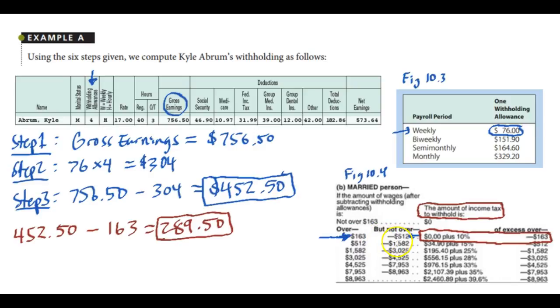That's the only amount that's over $163, so only that amount is at a 10% tax rate. So we take $289.50 and multiply that by 10%, and that gives us $28.95.